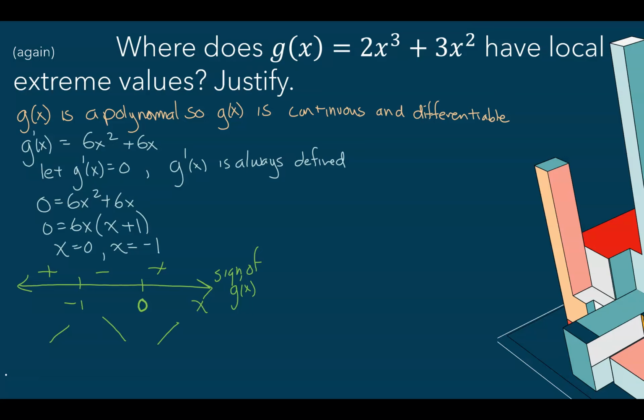Hopefully that sign chart makes a ton of sense to you, and it's pretty obvious that g has a local maximum at -1. So I'll start off with g of x is continuous. And then I'm going to say at x equals -1, g prime of x changes from positive to negative.